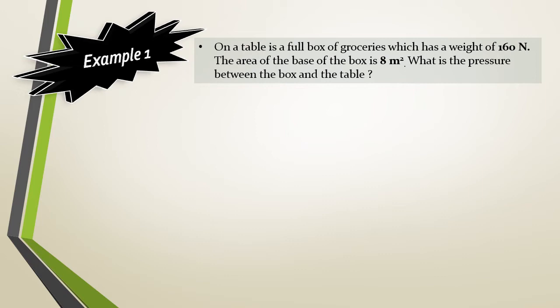So, macam kita tahu, first kali tulis dulu dia punya formula. P equal to F over A. In this question, dalam soalan dia dah bagi nilai weight ataupun force. Dan dia bagi kat sini area contact atau surface area.